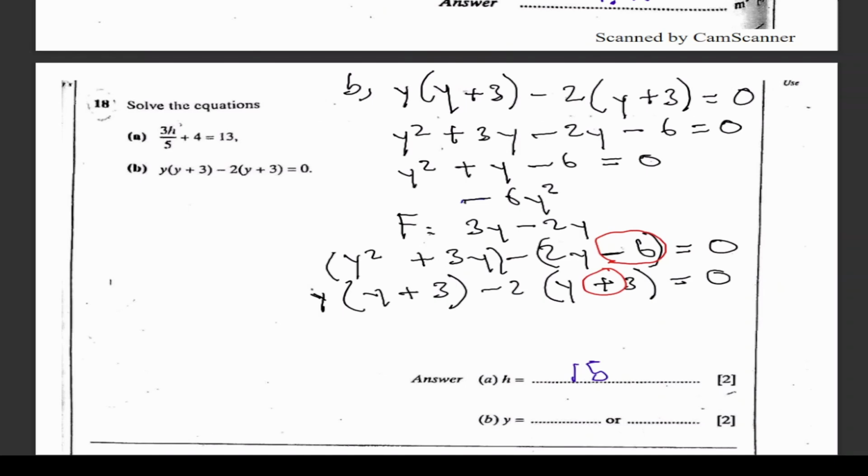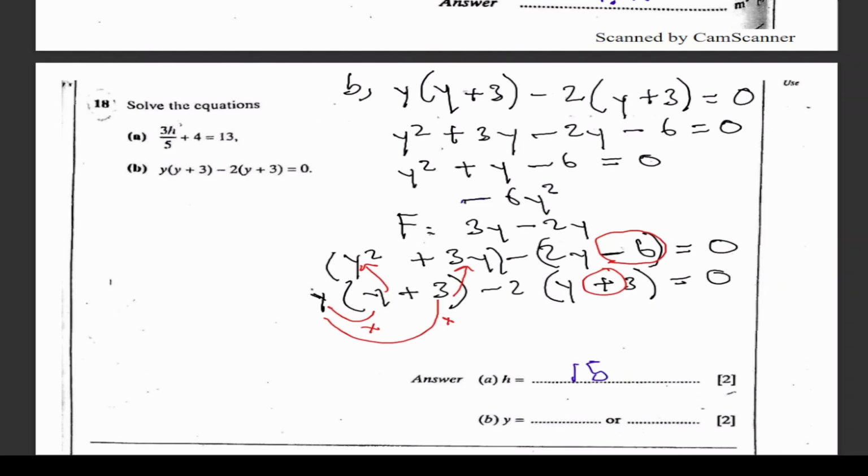For example, if you look here, when we factored out y, if we multiply y times y, it gives us y squared. Y times 3, it gives us 3y.